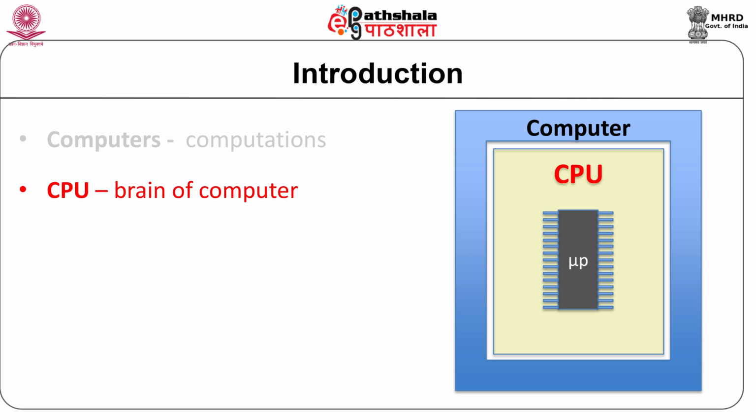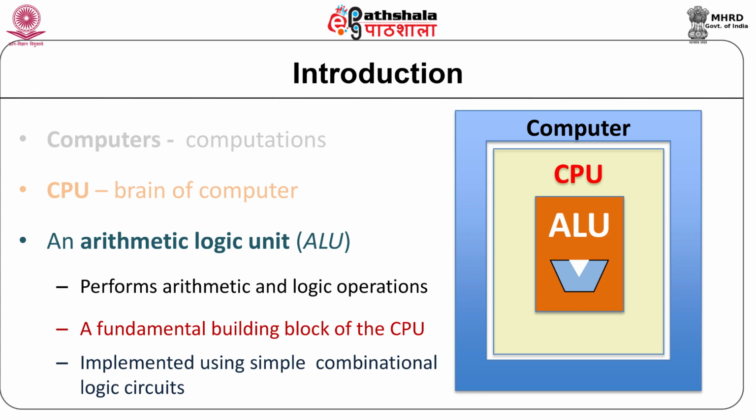It is the brain of the computer. Arithmetic and logic unit is a digital circuit to perform arithmetic and logic operations. ALU is a fundamental building block of a central processing unit or a microprocessor of a computer.